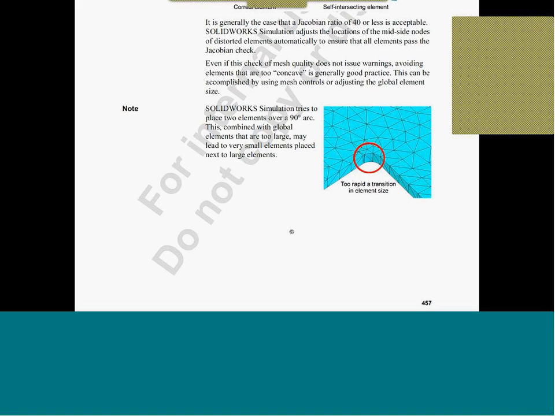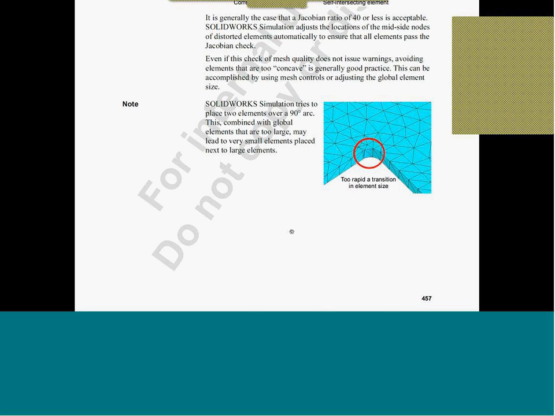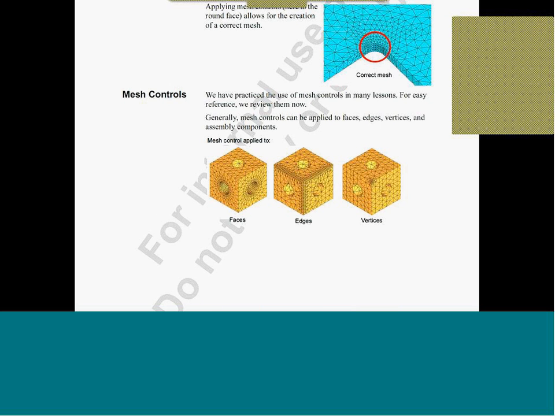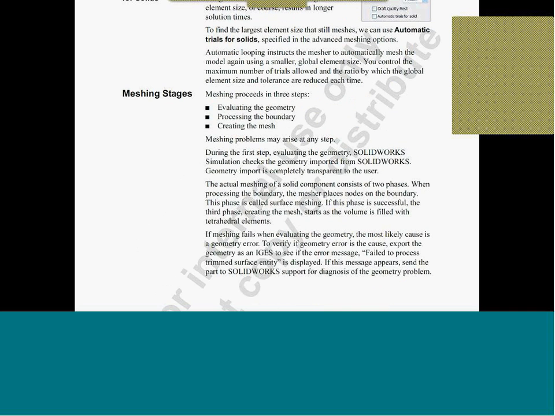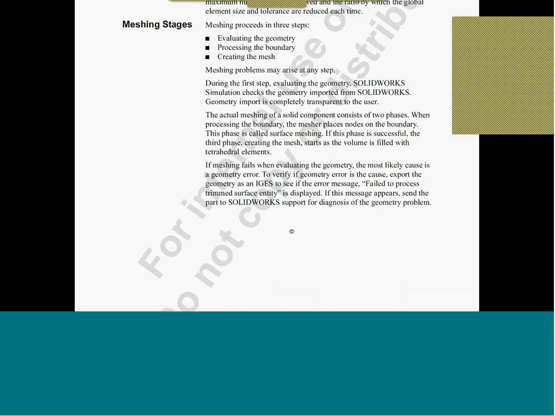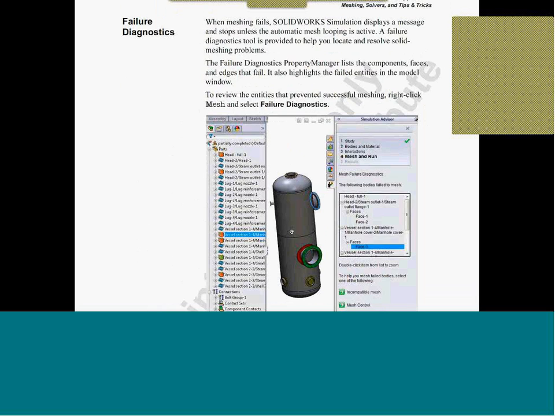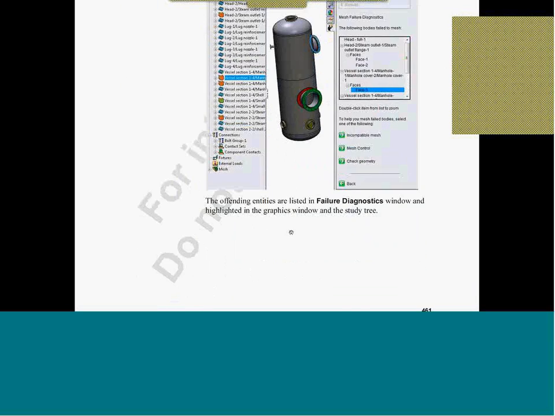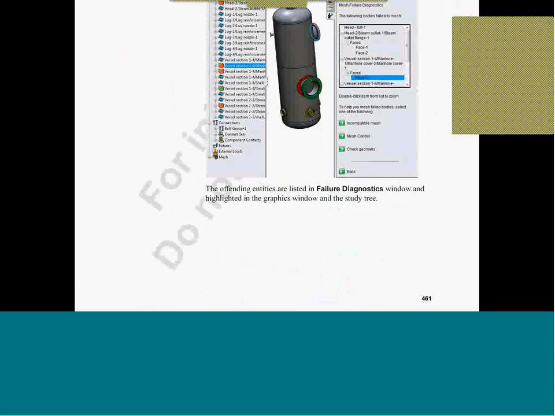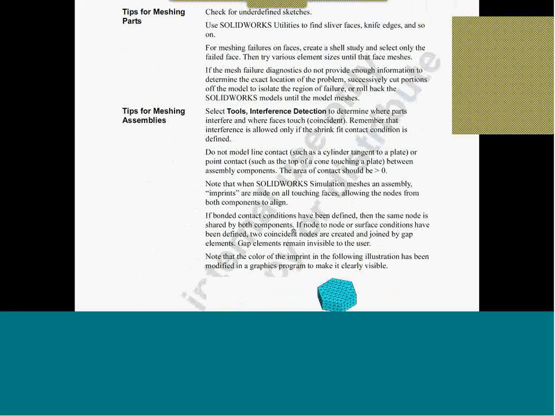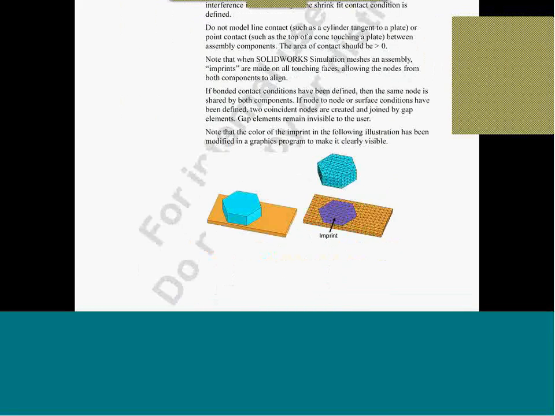So this should be good. This is no big deal. Meshing stages, the diagnostics, I think I showed a little bit on this topic. Meshing assemblies, yeah, these are good techniques in terms of ensuring the right geometry for assembly using shell elements.